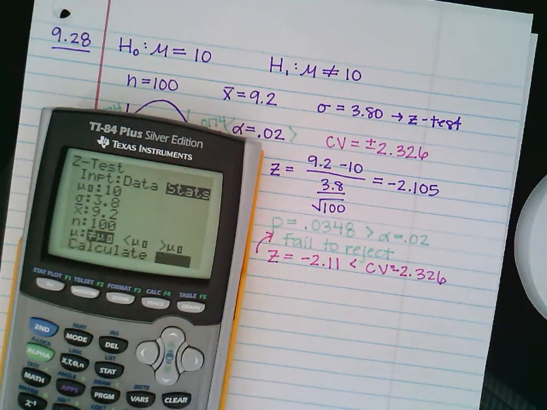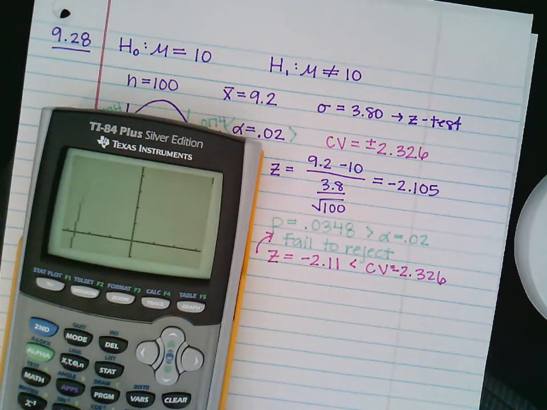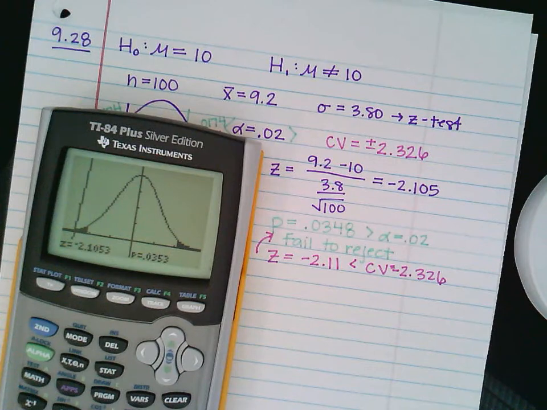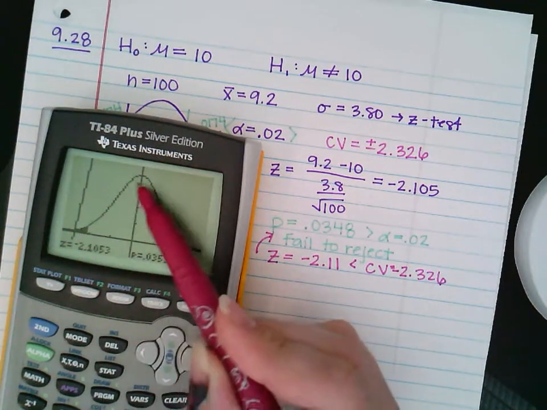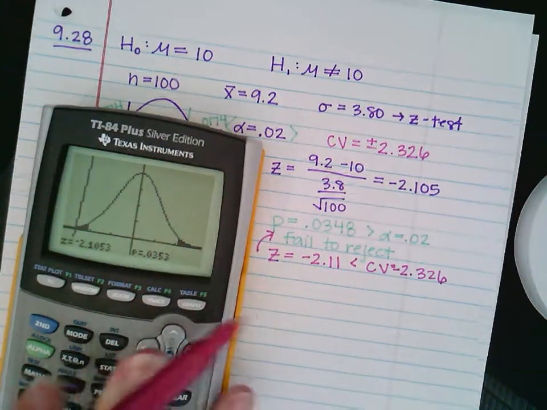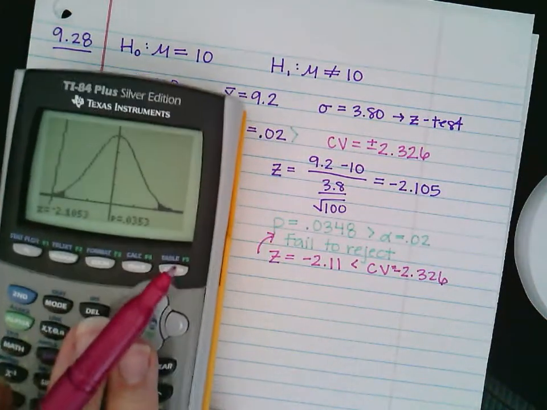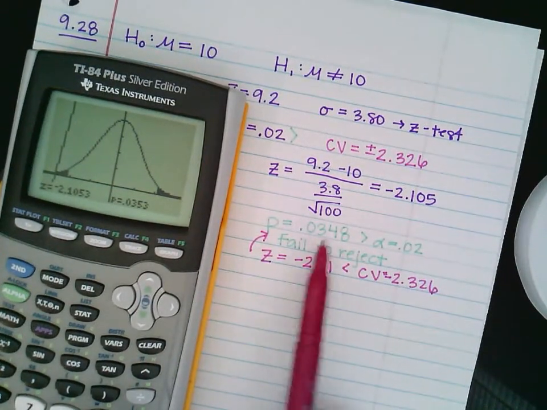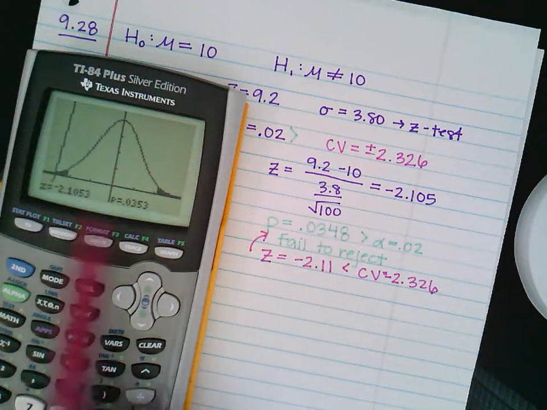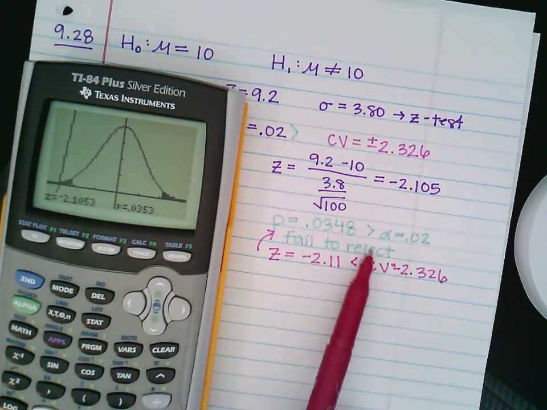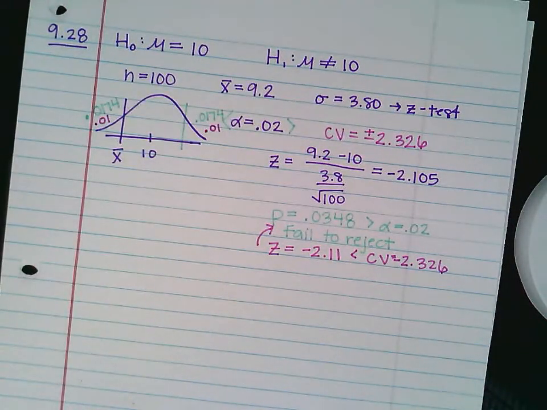You can say calculate or draw, and draw is kind of fun because it will go through and actually draw the normal distribution, and then shade your two sides in, and then you can check your paper and be like, oh yeah, that is what it looks like. And then you can see, we use the table, so we're a little bit off in our calculation here, but that's okay. We would reach the same conclusion here, which would be fail to reject.